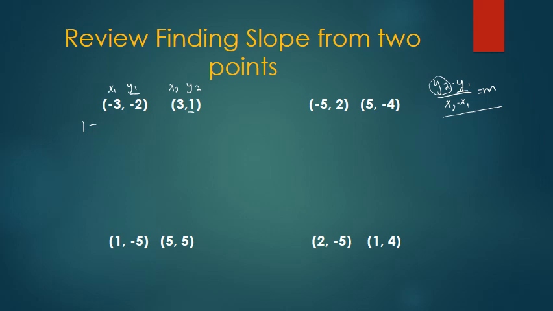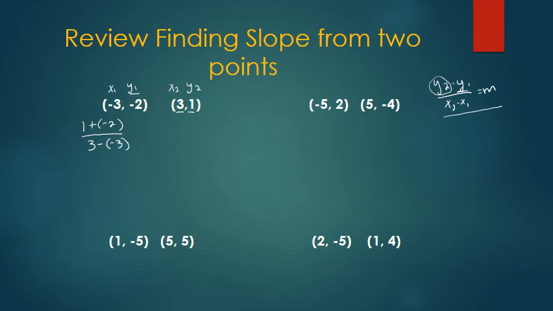Well, y1 is -2, so I'm putting parentheses -2. That parentheses is very important to make sure that you incorporate both of those negatives because you do have a sign change. And then we're going to do x2, which is the 3, minus, again, parentheses, -3.